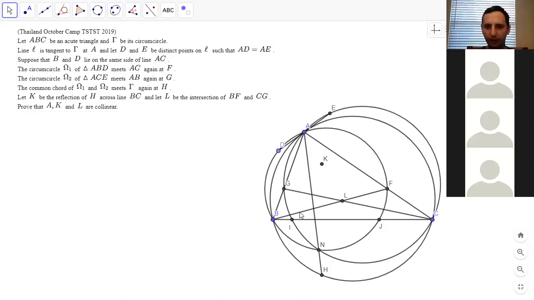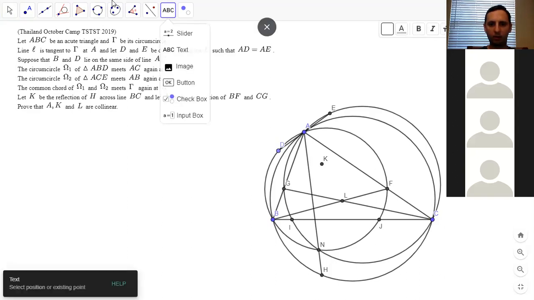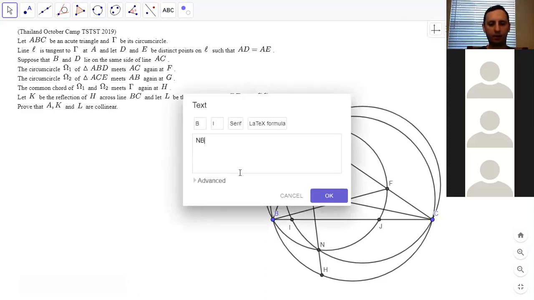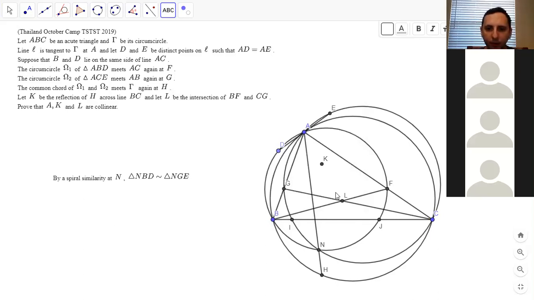Okay, so first we have by a spiral similarity at N, NBD is similar to NGE. Is that right? Yeah. So hold on. Let me think about that for just a second.